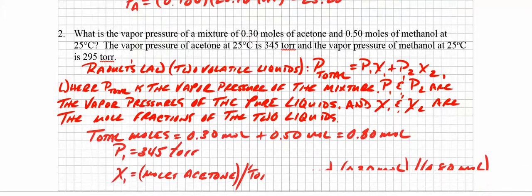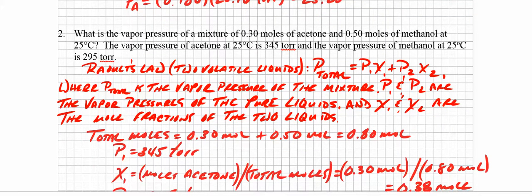P total, the total vapor pressure of the two liquids, is equal to the vapor pressure of the first one times its mole fraction plus the vapor pressure of the second one times its mole fraction. Where P total is the vapor pressure of the mixture, P1 and P2 are the vapor pressures of the pure liquids, and chi1 and chi2 are the mole fractions of the two liquids.